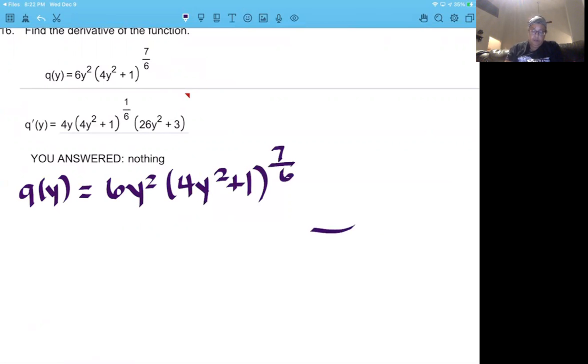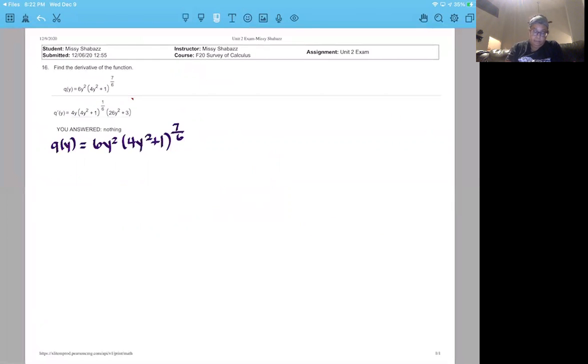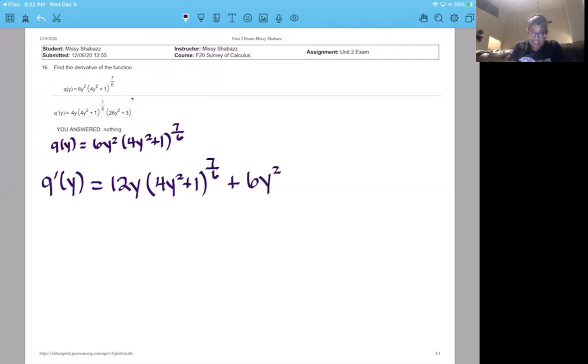All right, so I'm going to take the derivative of the first, which is 12y, times the second, plus the first times the derivative of the second.